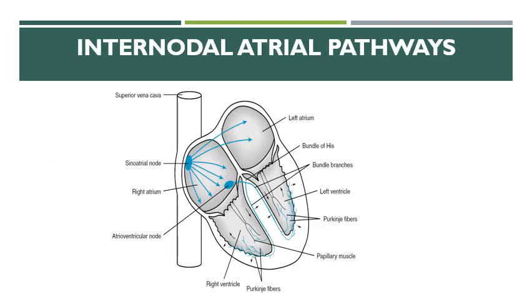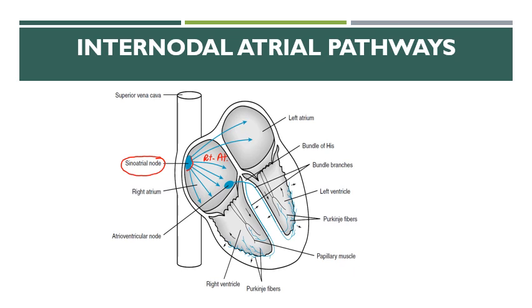From the sinoatrial node, impulses pass radially throughout the right atrium, because the ends of the SA node are connected directly with surrounding atrial muscle fibers.